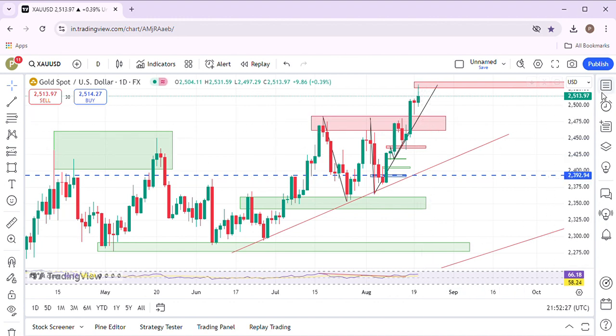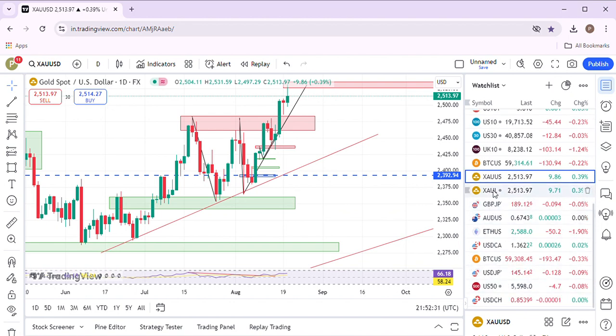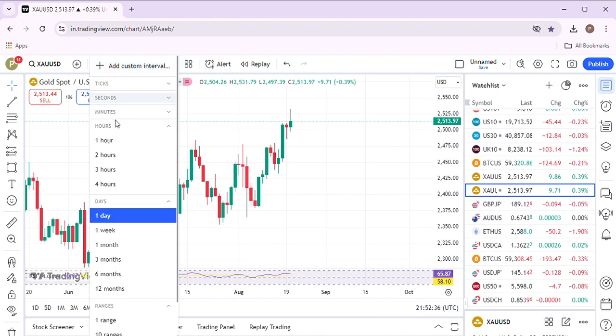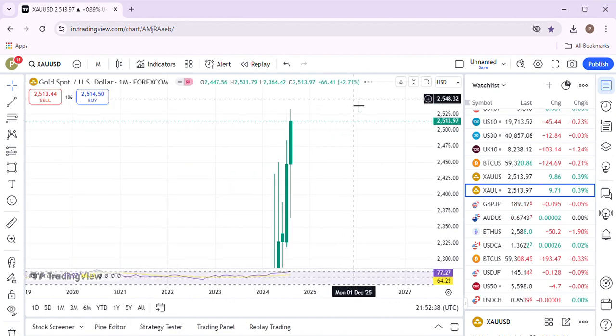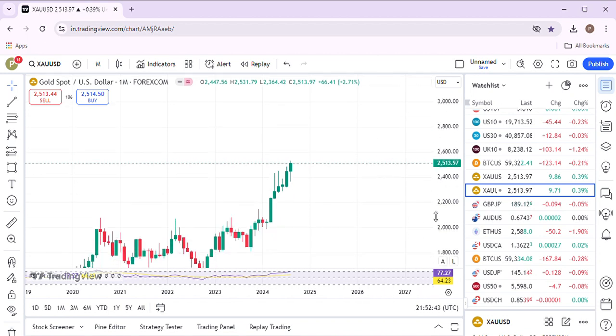And I want to see the monthly. Let me open my fresh chart. If we see the monthly, we can see it clearly going up, support, and obviously for now the resistance is going to be the expected resistance, everyone, right?